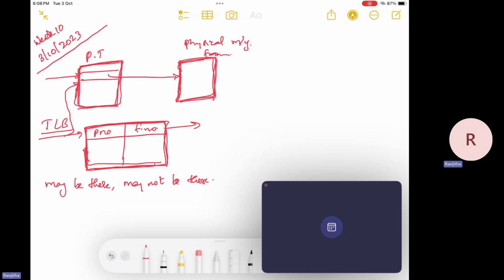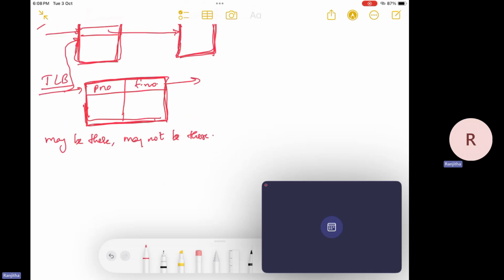If it is there, then we say it is a hit, and if it is not there, we call it a miss. So in case of a hit, we will get the page and the frame number information from the TLB. But in case of a miss, it will be retrieved from the page table.